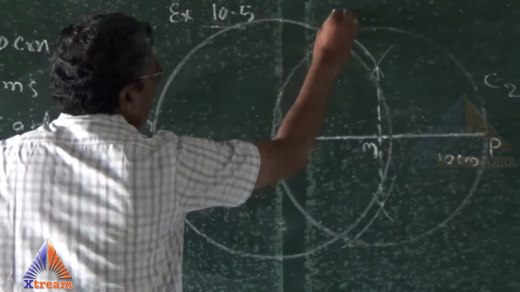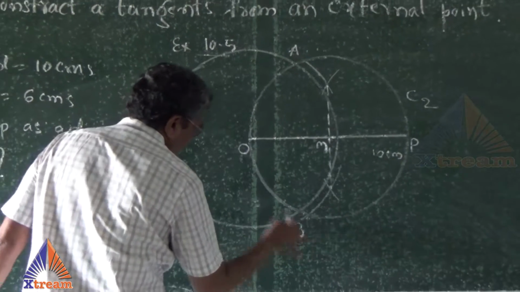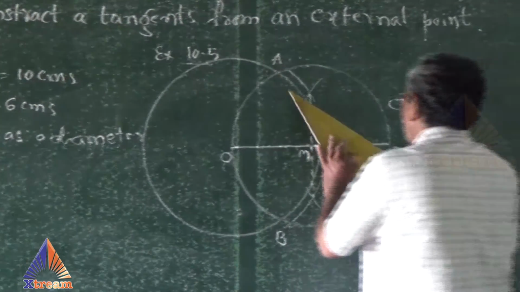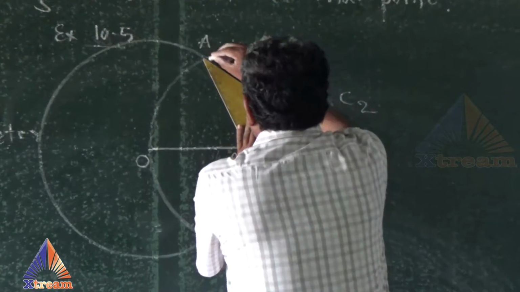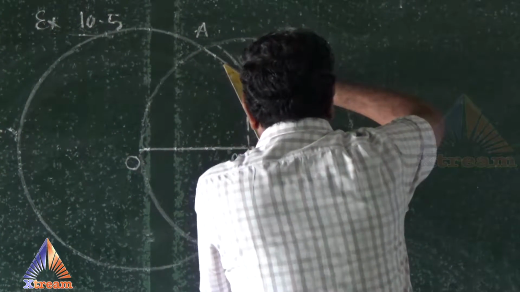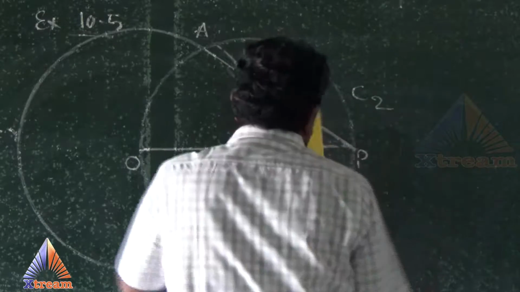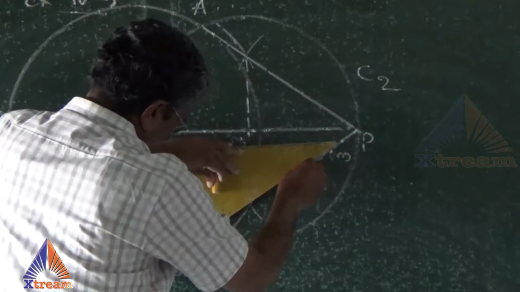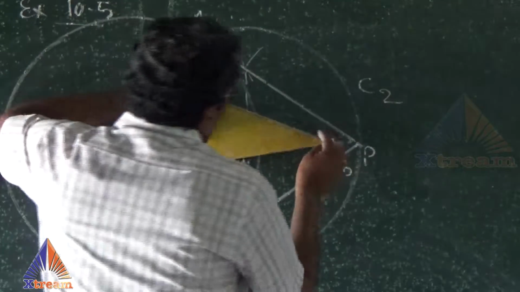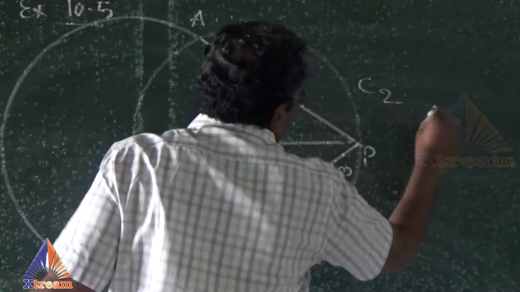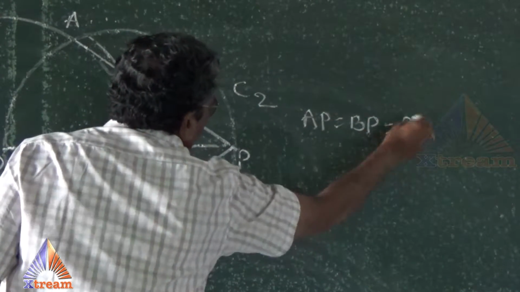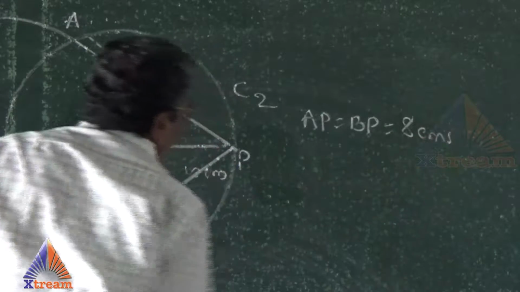Then take the point A, and this is point B. Joining A and B, and AP like that. If measuring AP, AP is equal to BP is equal to 8 centimeter.